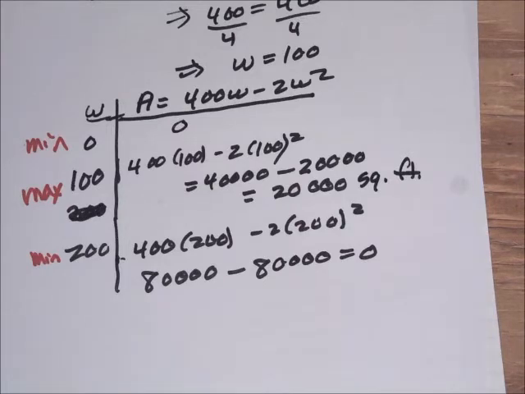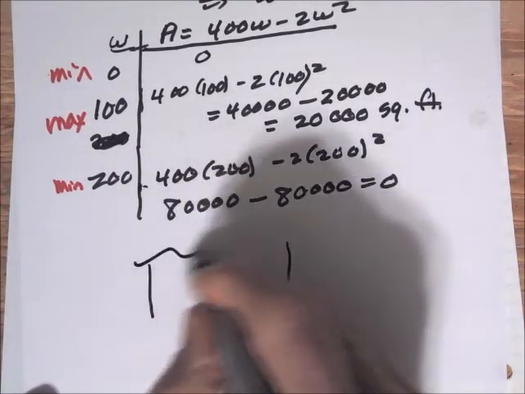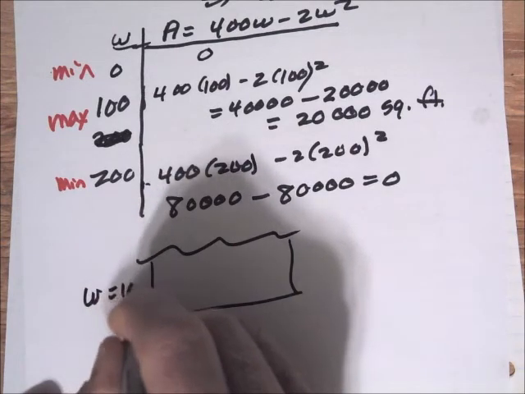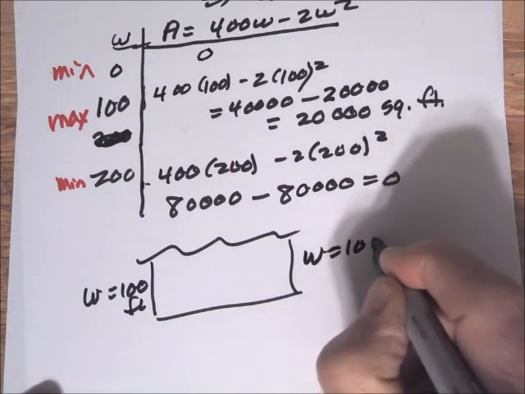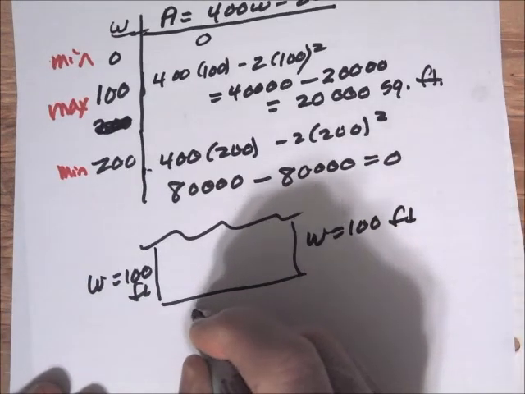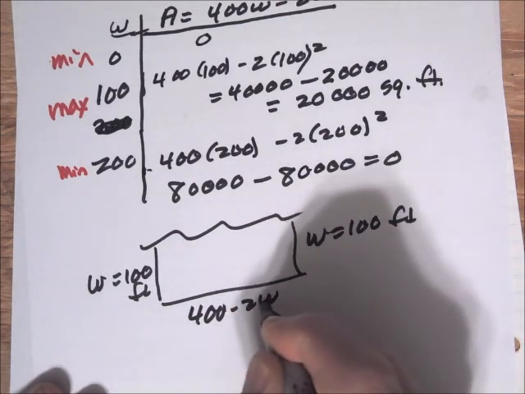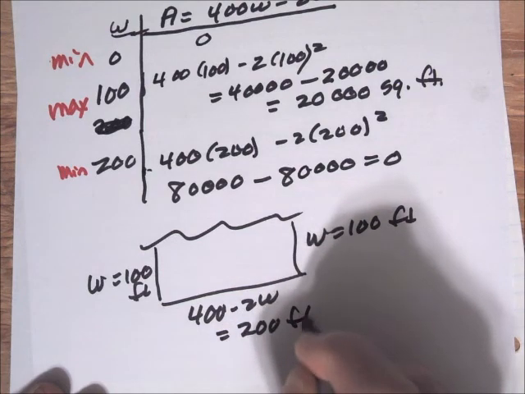So that occurs if you have W equal to 100 feet here, and then the other side here, 400 minus 2W, 2 times 100 is 200, so that's equal to 200 feet.